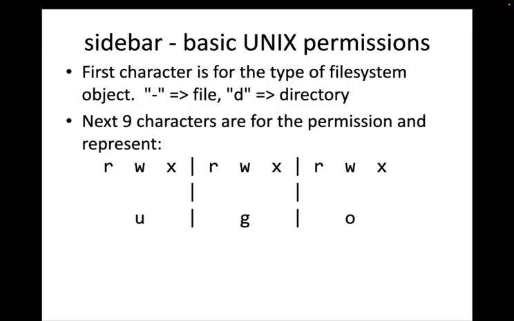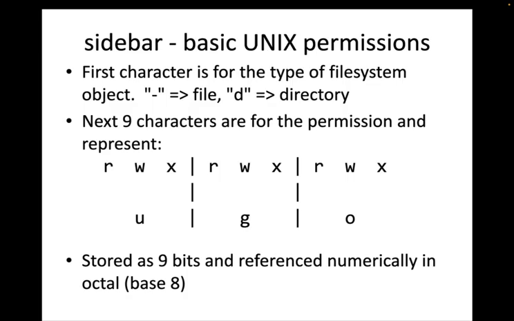The first 3 are user, the next 3 are group, and the last 3 are other. And then within each group, we have read, write, and execute. If that letter is shown there, we have that permission. If the letter is not shown, then we do not. So that is how Unix permissions are designed.